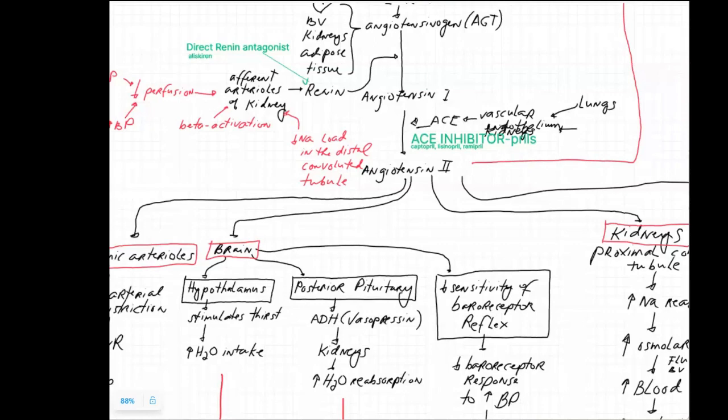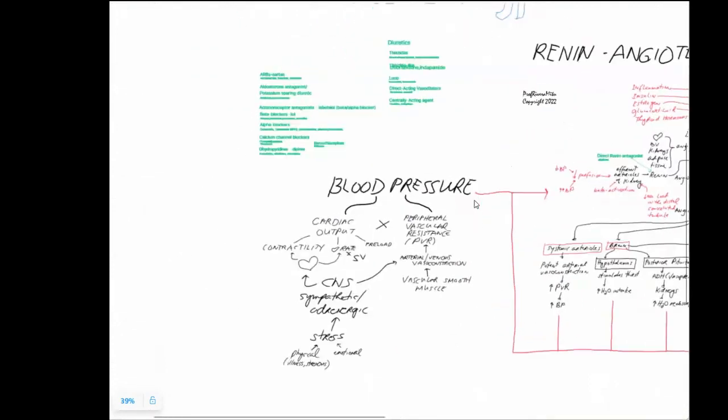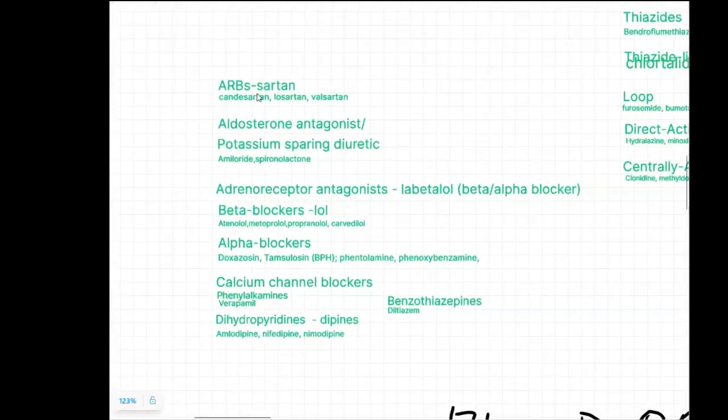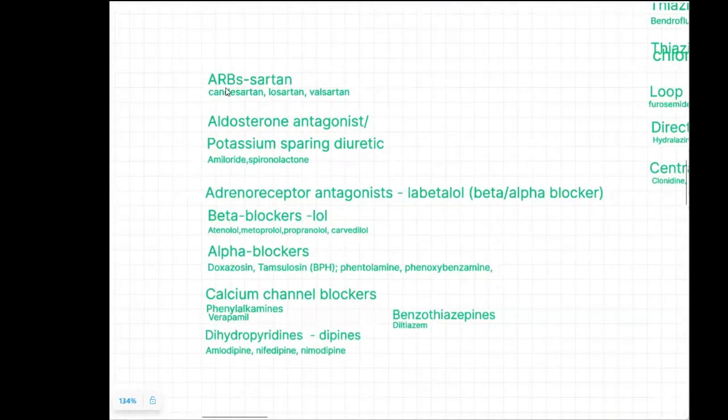Sometimes if that's not possible, then we go to the second best thing, which is a drug that blocks the effect of angiotensin 2. And that is your angiotensin receptor blockers. So I call it the ARB-sartan, because the ARBs end in sartan.